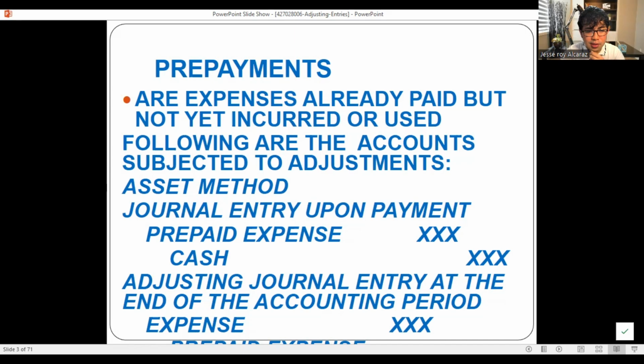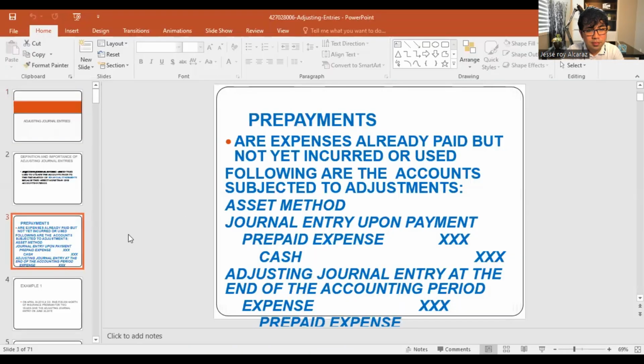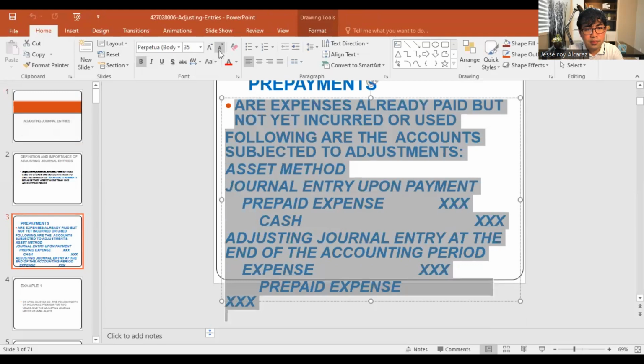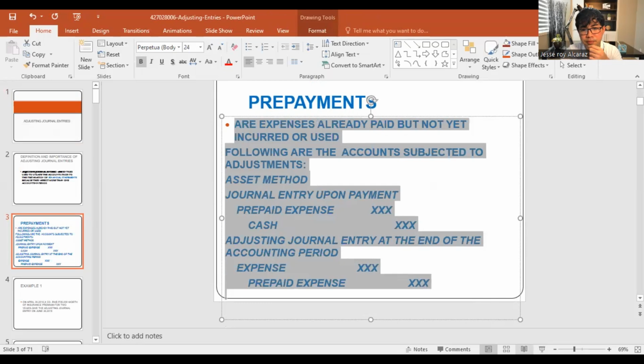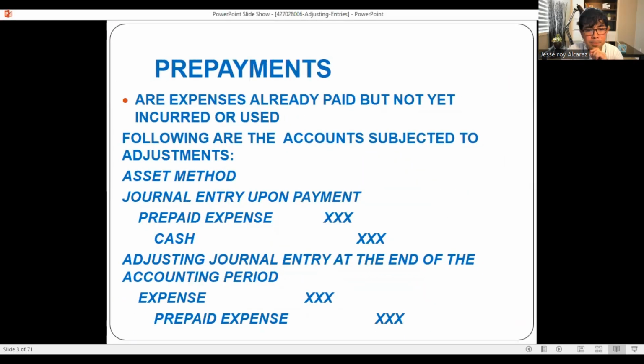And then our adjusting entry for the period, after adjusting, we debit expense and then credit prepaid expense. The explanation for the adjusting entry is that we recorded an asset which is intended to pay the rent in the future.